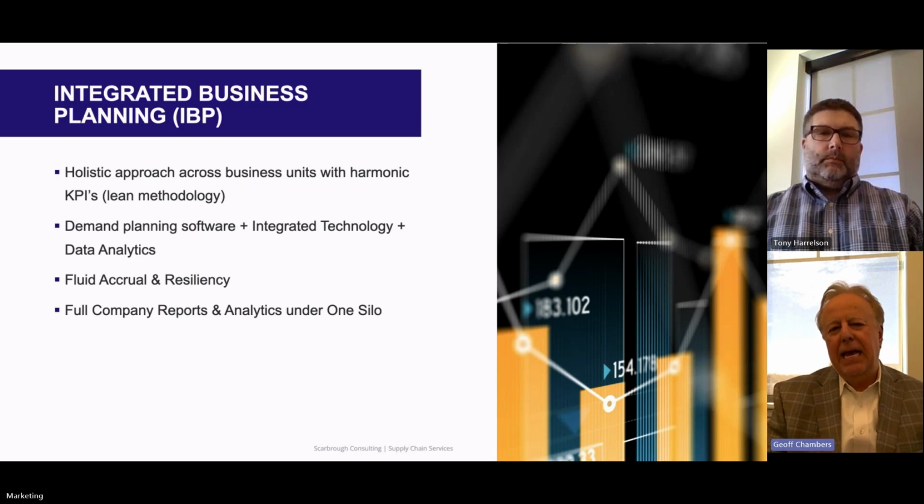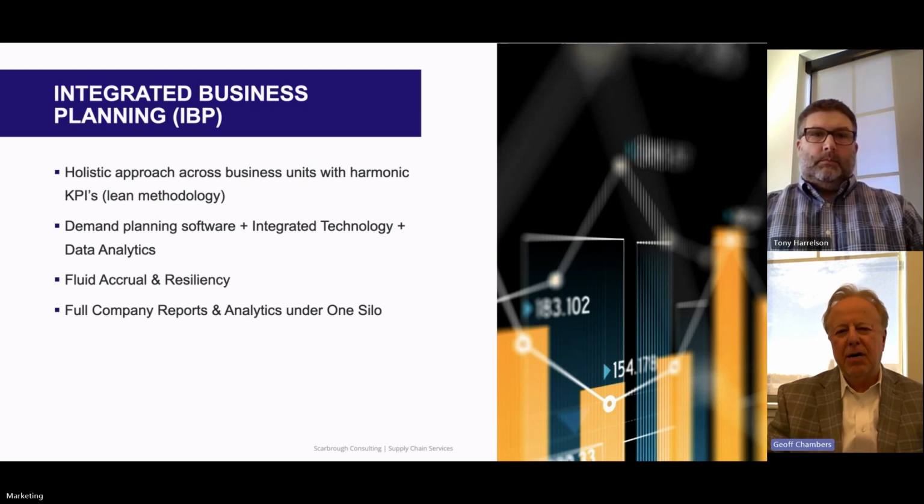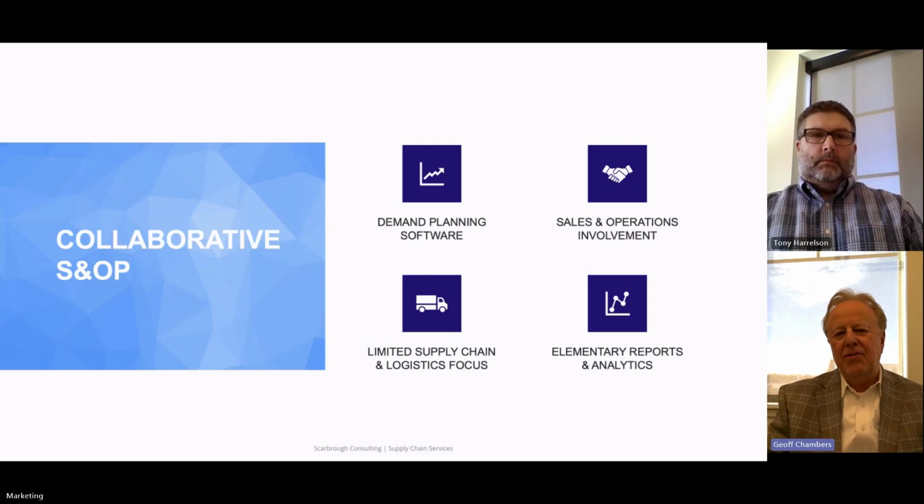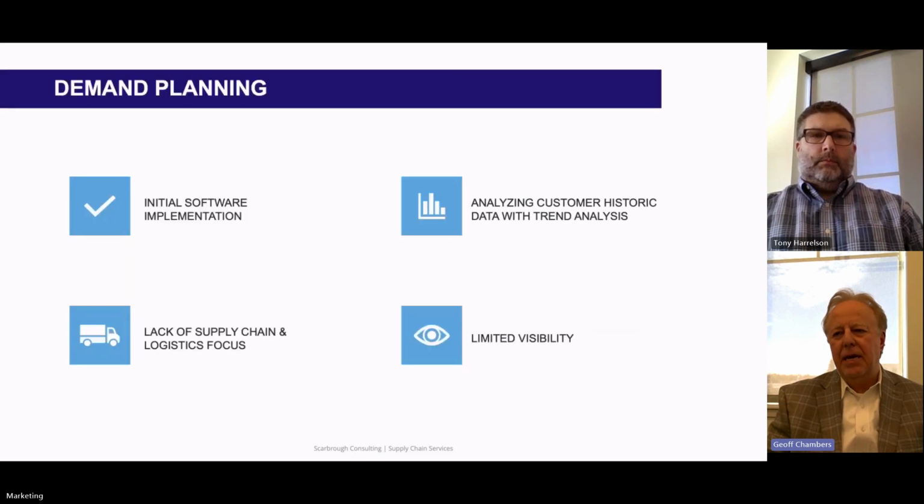we go back to the KPIs and the holistic approach across business units. This is where you're really going to see a huge impact when you can get everyone on the same page, bringing the vision together along with the execution or implementation of your integrated business plan.